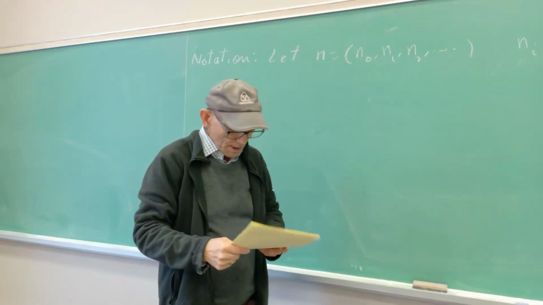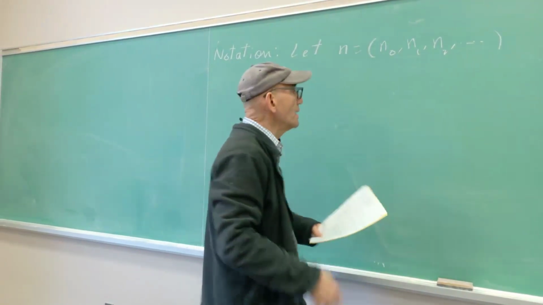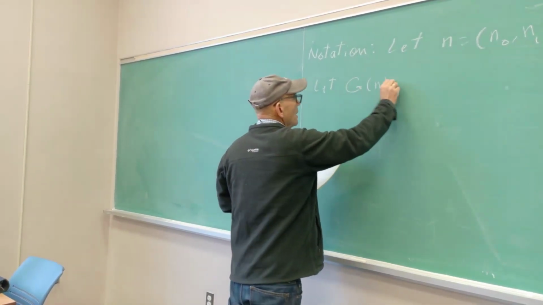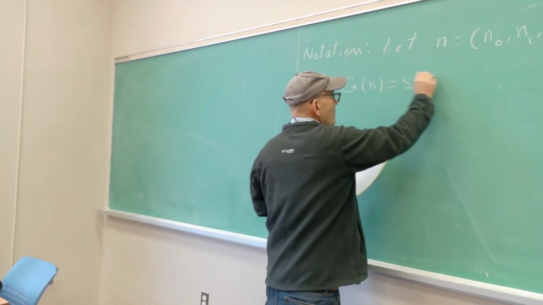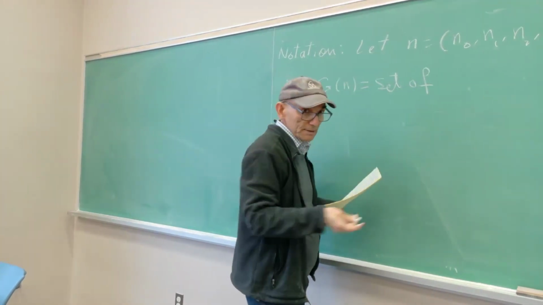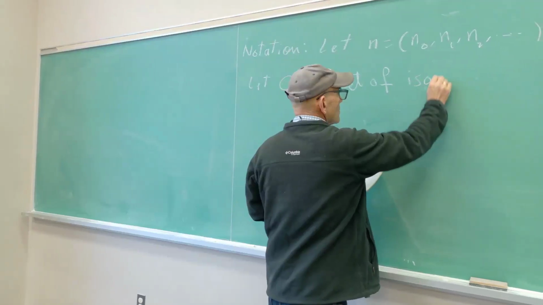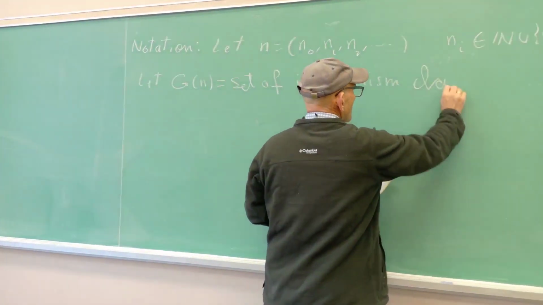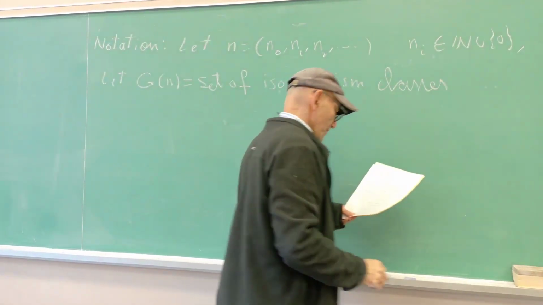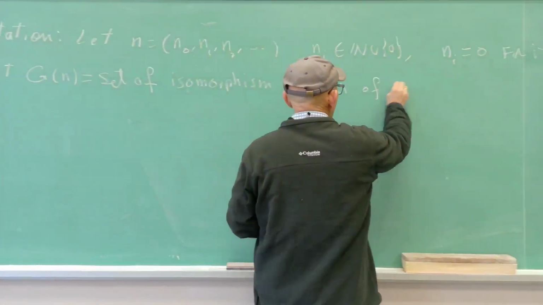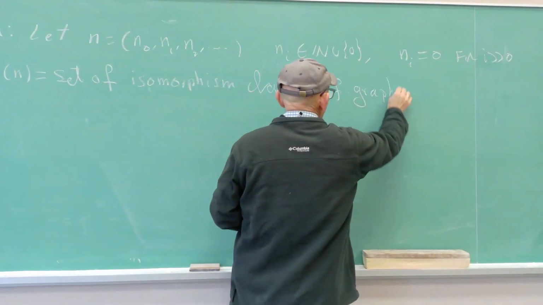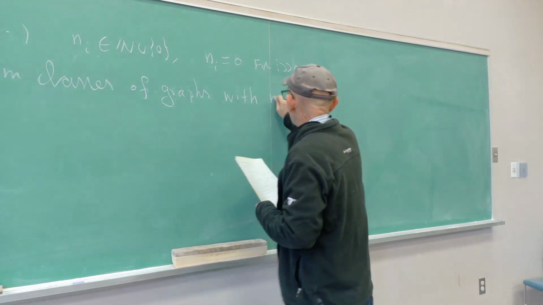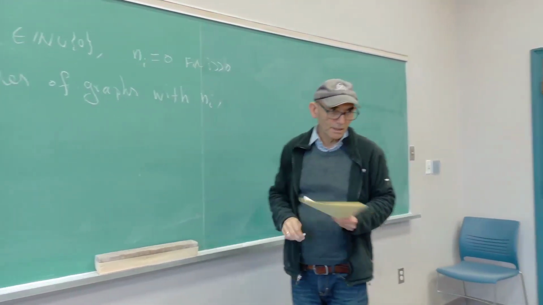I mean, but okay. So then we define, let G_n be the set of isomorphism classes of graphs with n_i i-valent vertices.